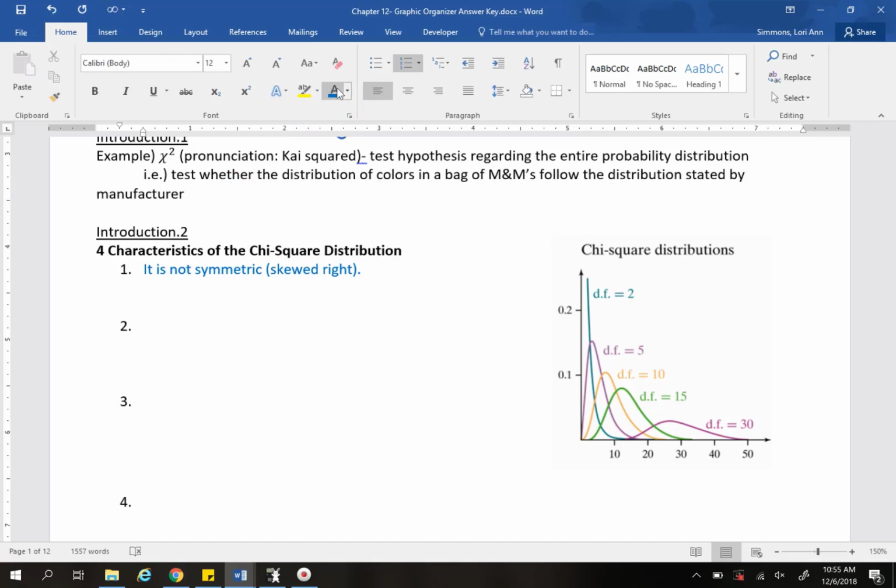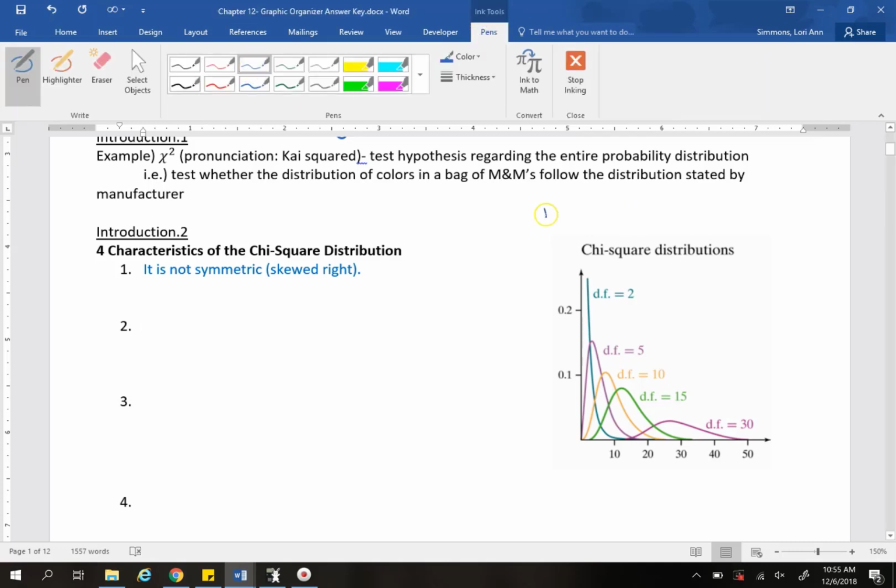We can also see that the shape is going to depend on the degrees of freedom. DF again is degrees of freedom. We've talked about this slightly in the past. To find the degrees of freedom, you take n minus 1, so your sample size minus 1.